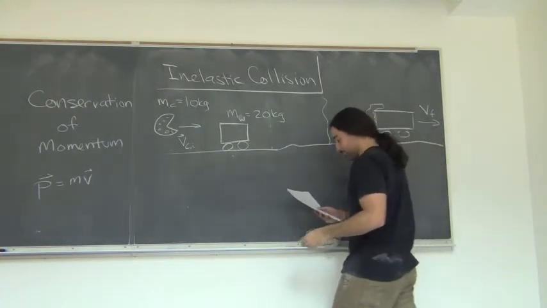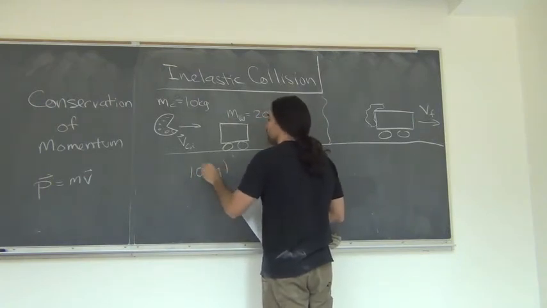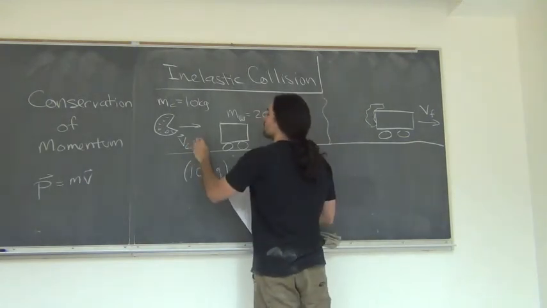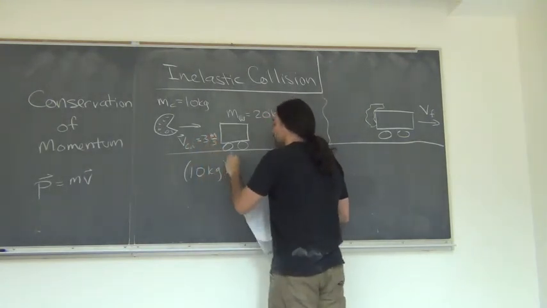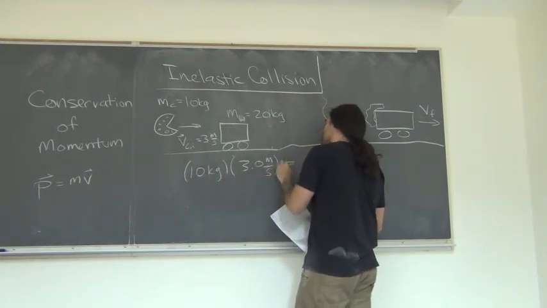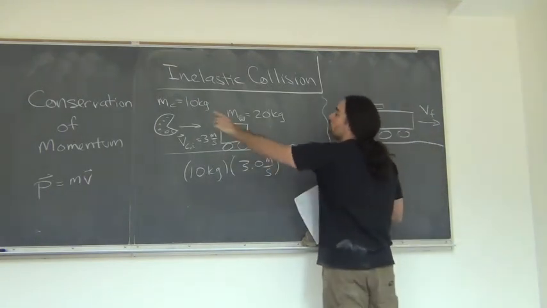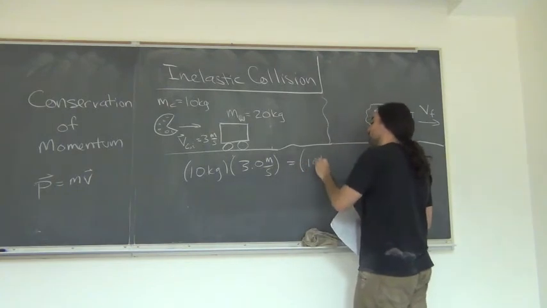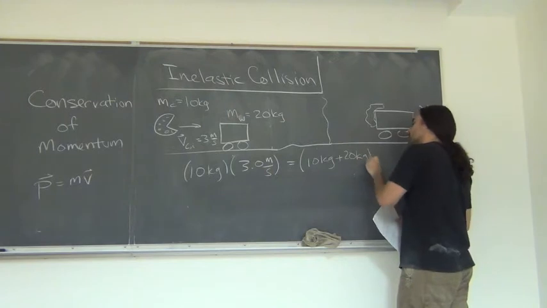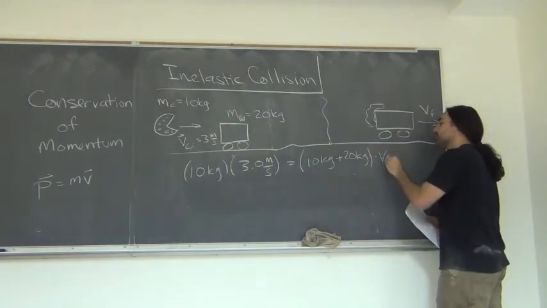So that would mean the 10 kilogram cheese times its initial velocity, which I didn't actually give you. Initial velocity was 3 meters per second. So we'll say that's 3 meters per second. Has to equal the total mass, which in this case will be the 10 kilograms of cheese plus the 20 kilograms of the wagon times the final velocity.